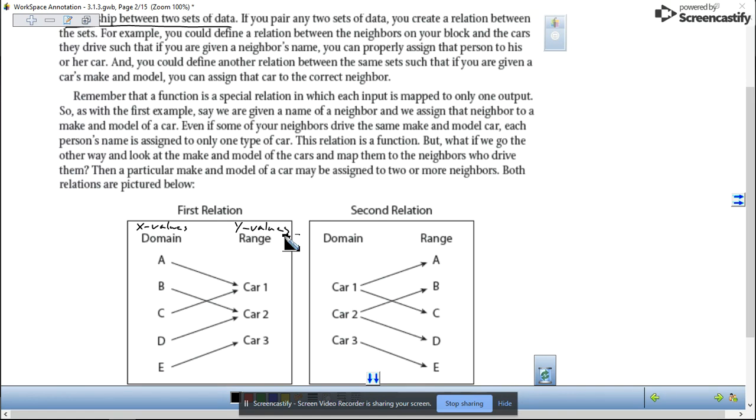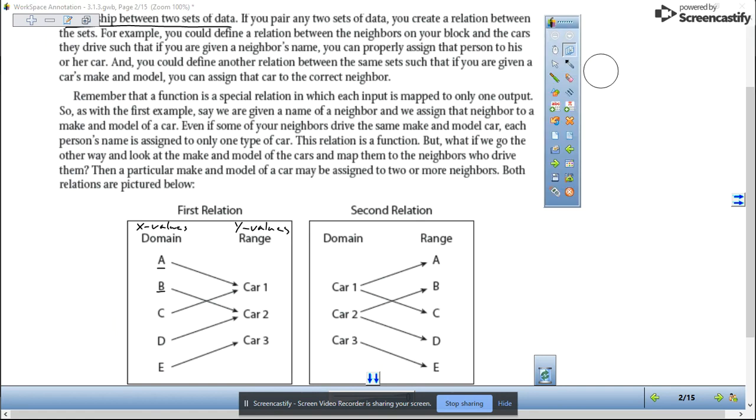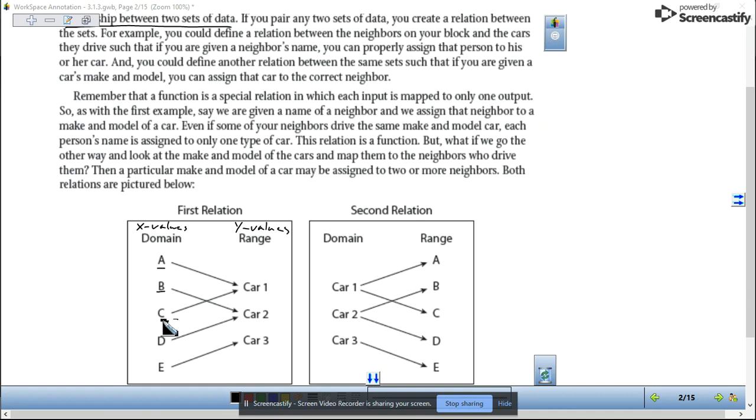So in this first example, we have 5 separate inputs. And those 5 separate inputs each go to a specific output. In other words, A only goes to car 1.